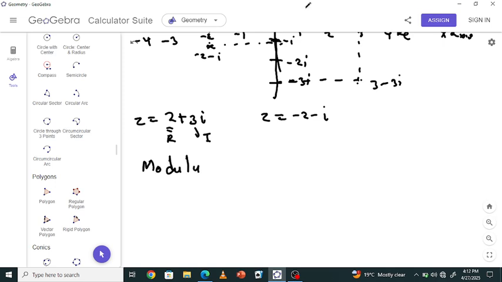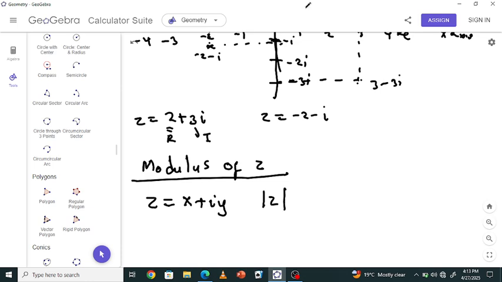We have the modulus of z. We have z is equal to x plus iy. The modulus of z, we indicate it with z between two straight lines, which is equal to the square root of x squared plus y squared.